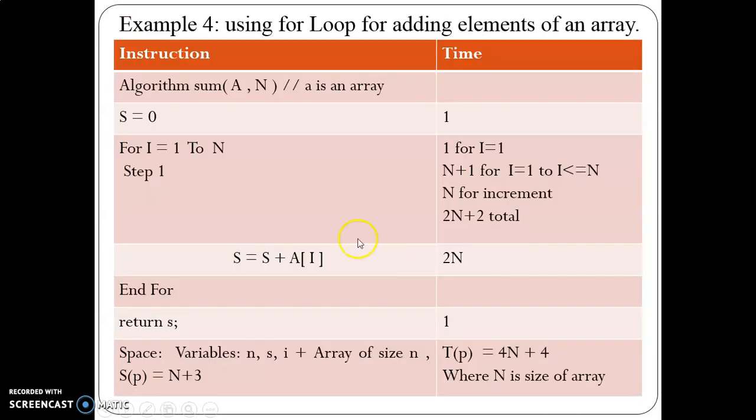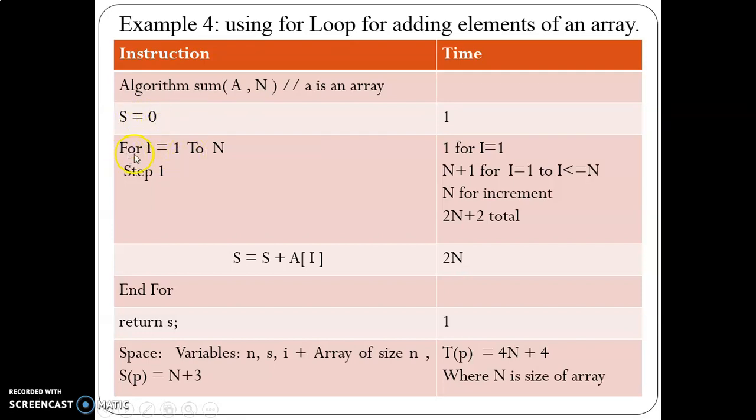Moving ahead, let us take an example of a for loop. Now here we have to calculate the sum of the elements in an array A with a size of n, and the sum will get deposited in a variable S. Initially the sum is 0.